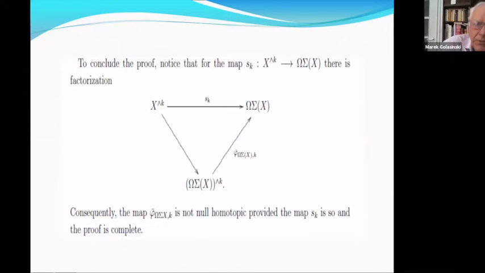So because SK is not null homotopic, we have that phi bar is not null homotopic, and we have this from the algebraic result.